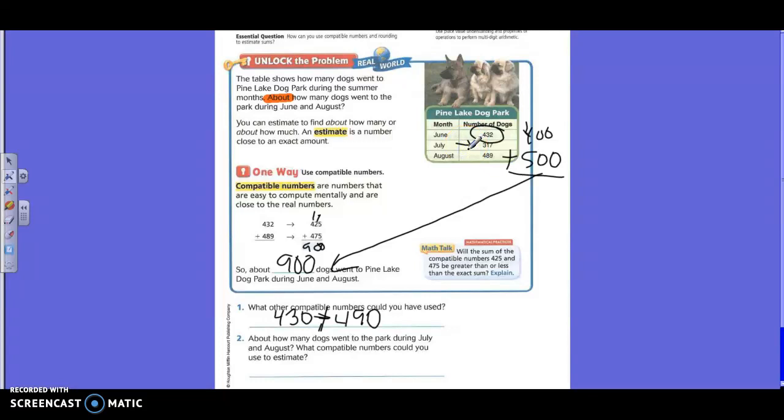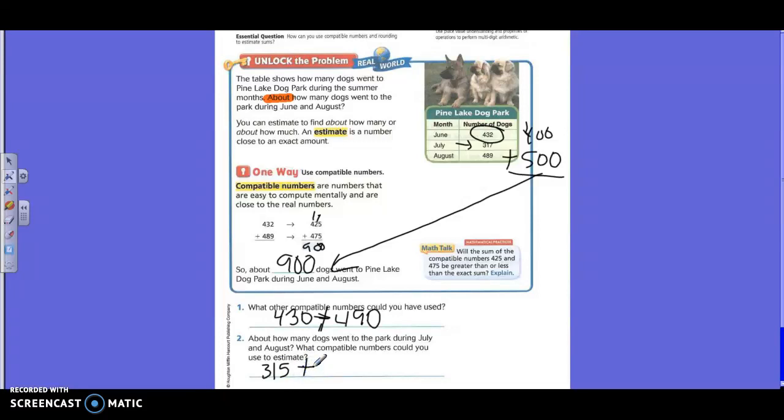Can someone give me a number for July? 315, okay, so he's rounding to the nearest 5. And what's another one? Oh, or we could have done 320, so that's up to you, whatever one you want to pick. If you want to do 320, that's fine. Okay. I'm just going to write 315 up here because that was the first number I was given.